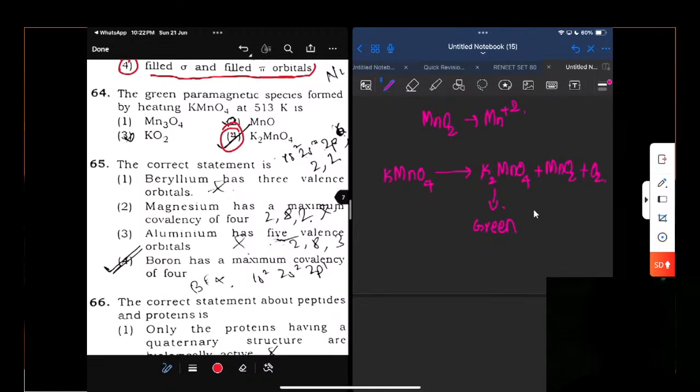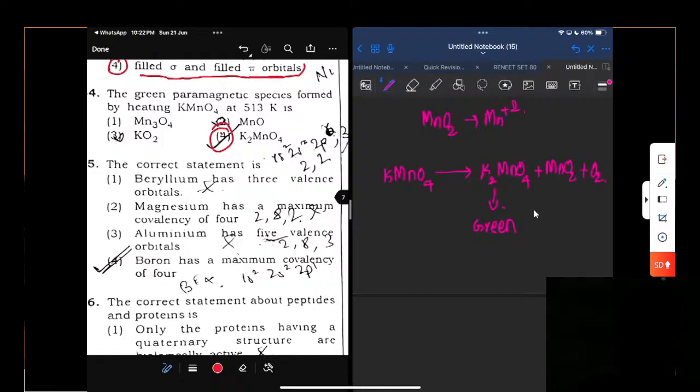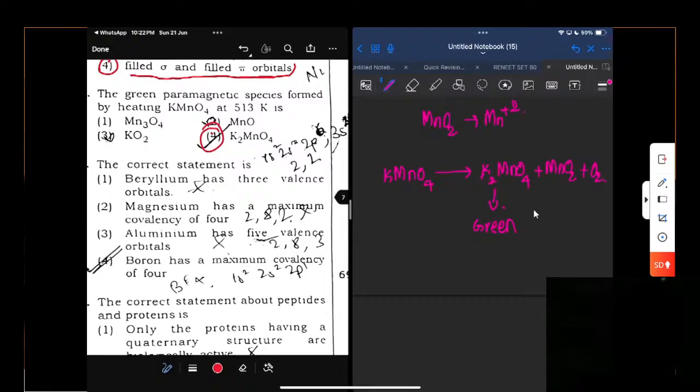Next, let's go to question number 65. The correct statement is: beryllium has 3 valence orbitals. Is it correct? How many valence orbitals will be there? No, the electronic configuration of beryllium is 1s2, 2s2. So it's not 3, that's wrong.